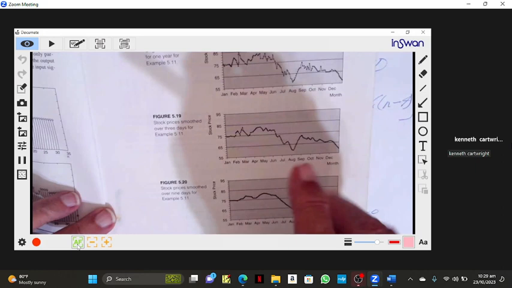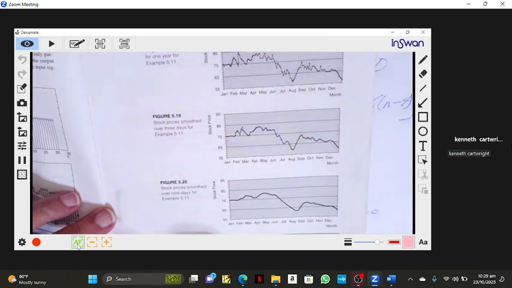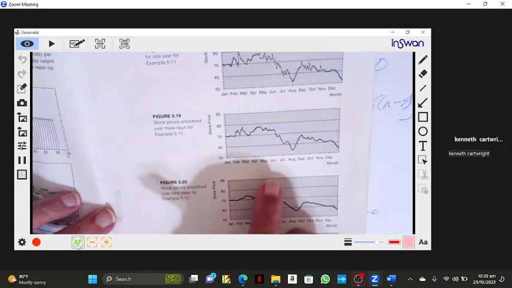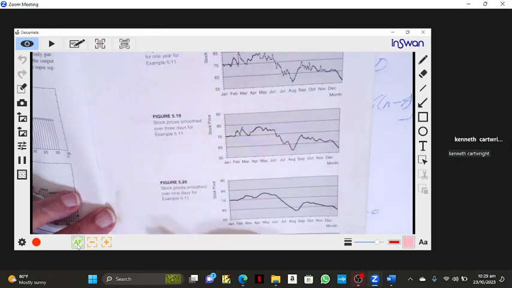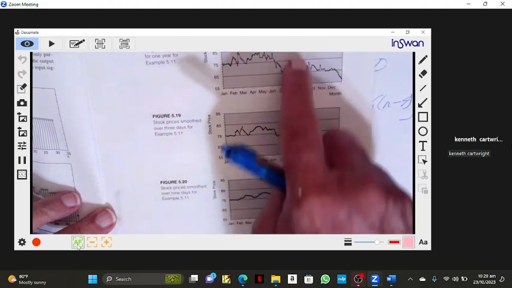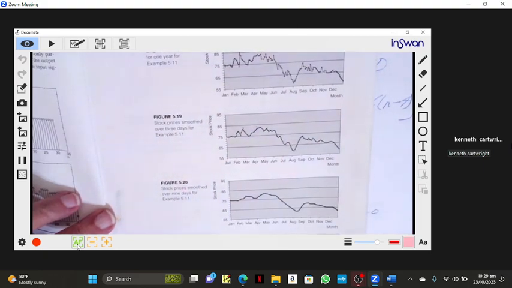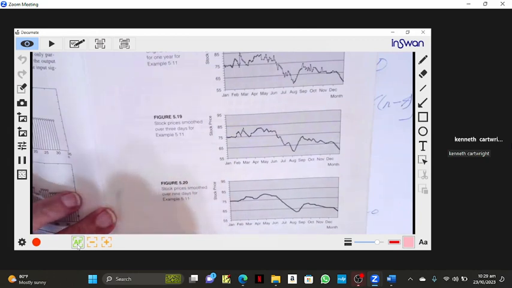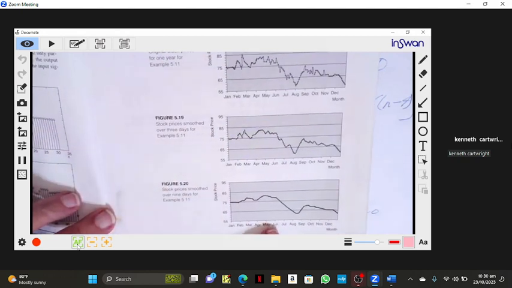And as you can see, the more you smooth, the more information you lose. The middle one is kind of a compromise between the two extremes. But it depends on what you want. If you want to see a clear picture of what your stocks are doing over the year, then the bottom one is probably the one you want to look at.